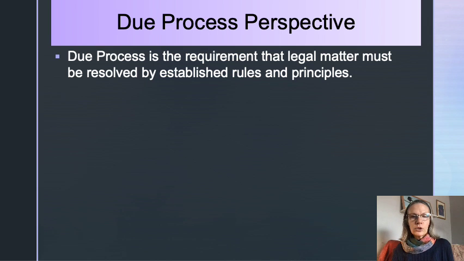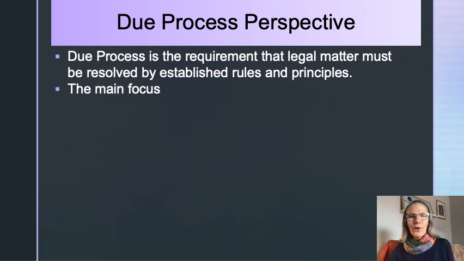When it comes to criminal trials in the United States, there's due process. There are established rules and procedures. For one, you can't force somebody to testify against themselves in a court of law, right? So you have the right to remain silent. You have the right to a jury trial, and there's a certain process that's followed in terms of seating jurors, etc. Okay, and so due process is that when it comes to legal matters, you have to follow the rules and procedures that are established by law.